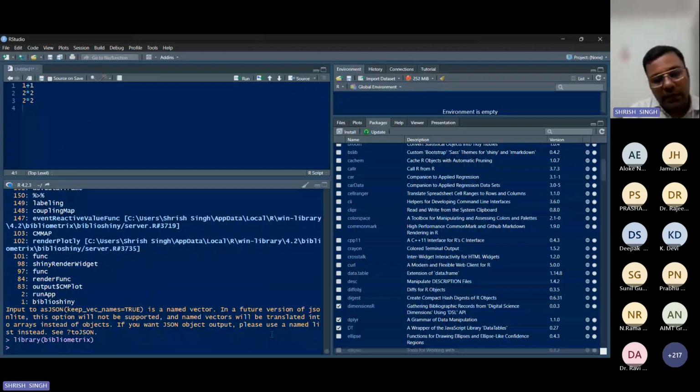And you have to wait for a moment. It will show something after that. So after clicking this, you just wait for a while, and again, it's basically an internet-based software, so it can take some time. It has given a message, please digit biblioshiny.